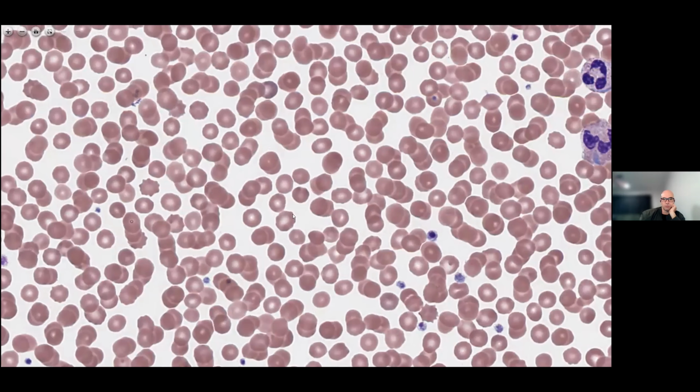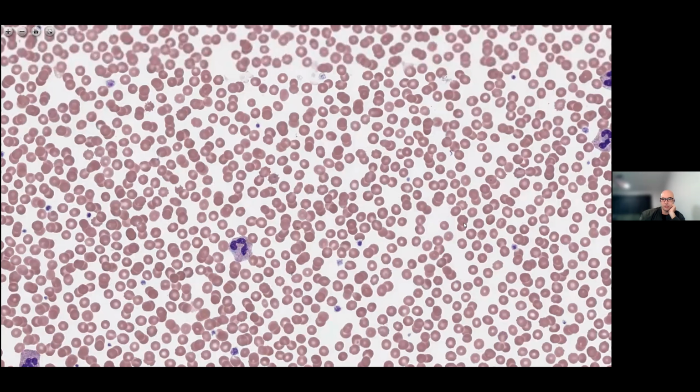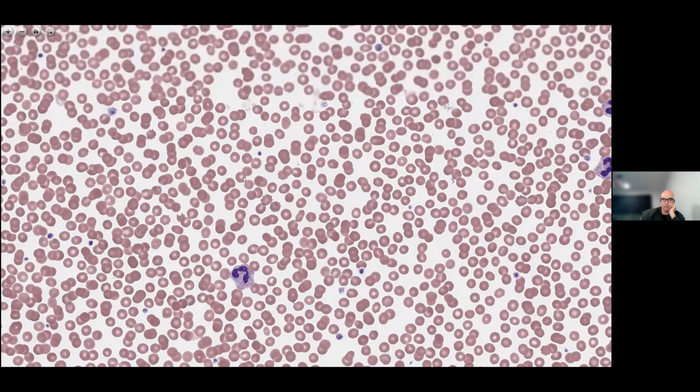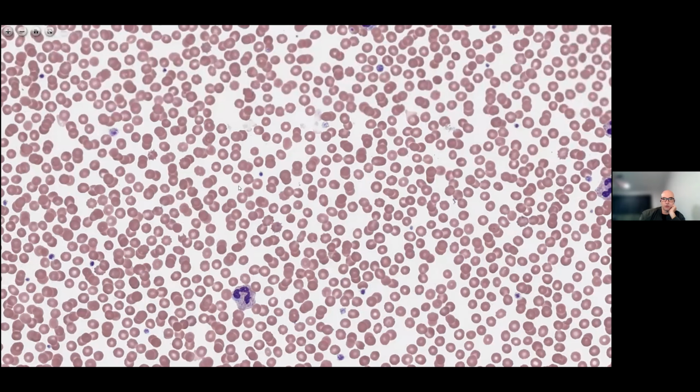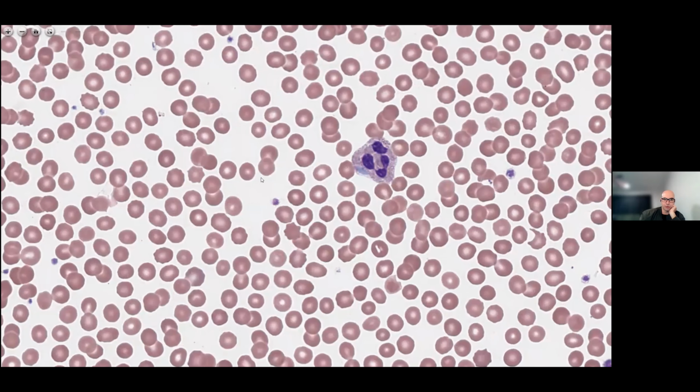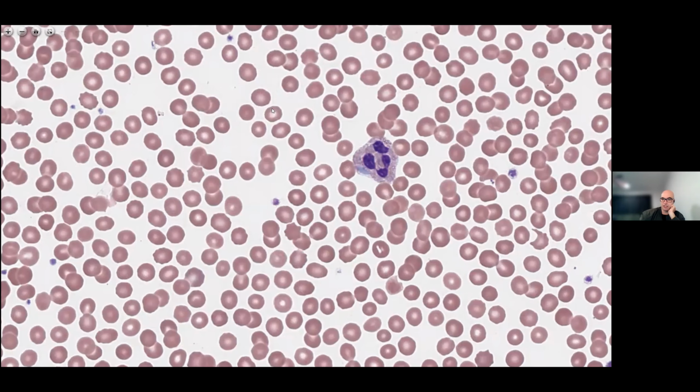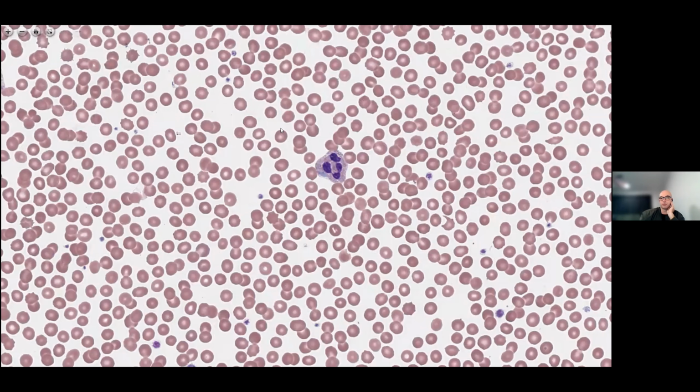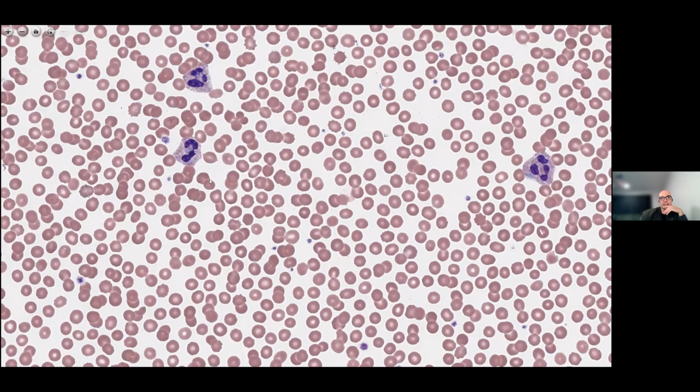I'd want to see 1 or 2 per field for me to start getting quite concerned that there might be an autoimmune hemolytic process going on, which spherocytes might point you towards. One way to troubleshoot that would be to do a Coombs test, a DCT, and if that came up positive, then maybe there might be an autoimmune hemolytic process going on. But I don't think that's the case.